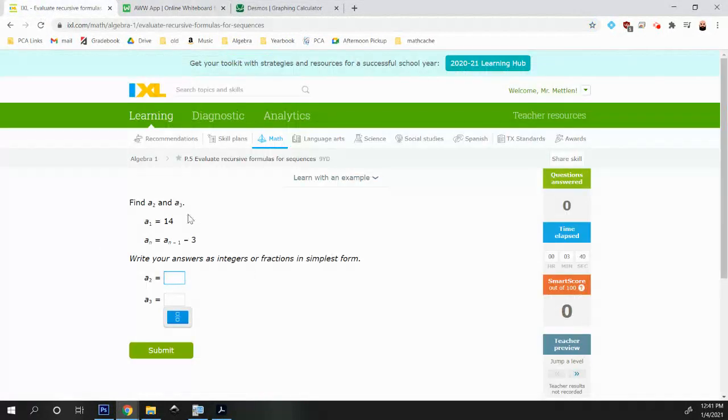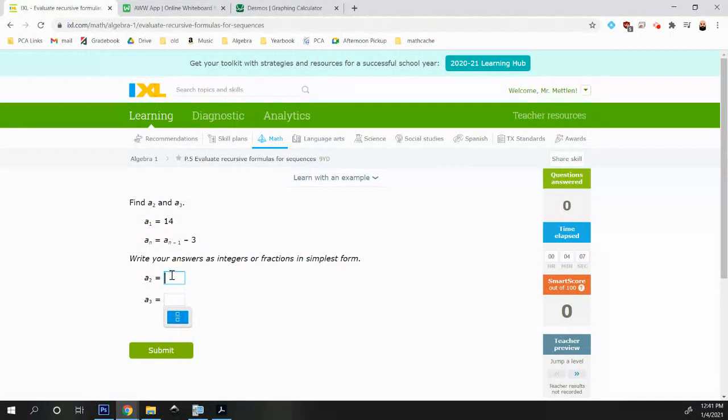Now, unfortunately, they don't give us a sequence of numbers. They gave us the first number, so I know my first number, that's 14. They gave me a formula, and then they told me to find the second number. Well, I know the first number is 14. If I want the second one, my little formula says take the one before it.